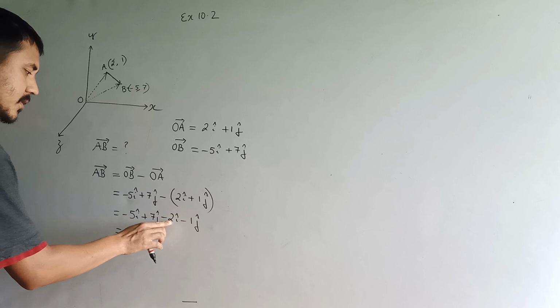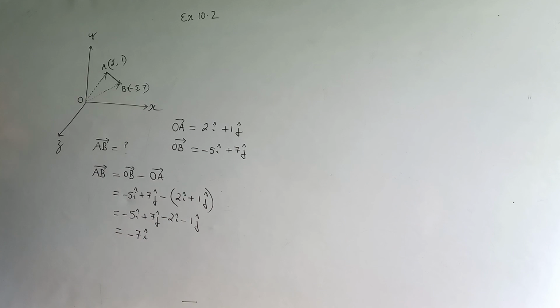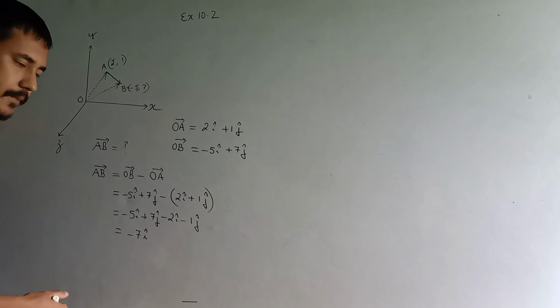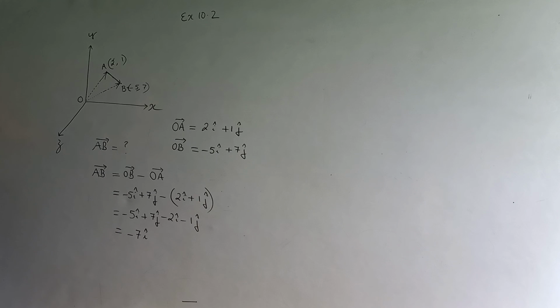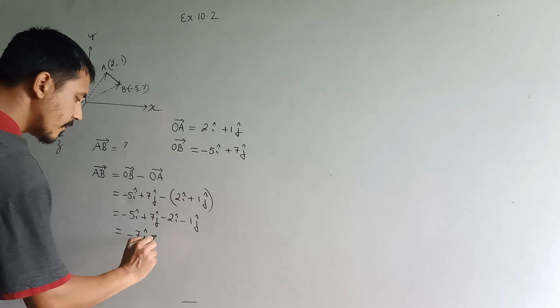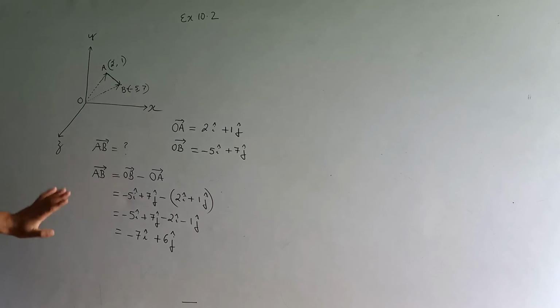Minus 5 minus 2 is minus 7. Only the x component can be added to the x component, and the y component can be added to the y component only, okay? X and y components cannot be added together. Minus 7i, and 7 minus 1 is plus 6j. Alright? That's your vector AB.